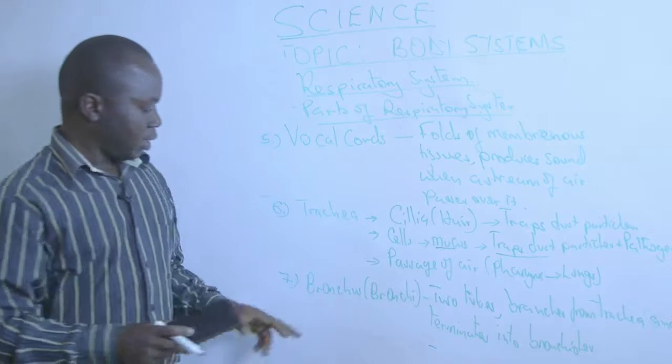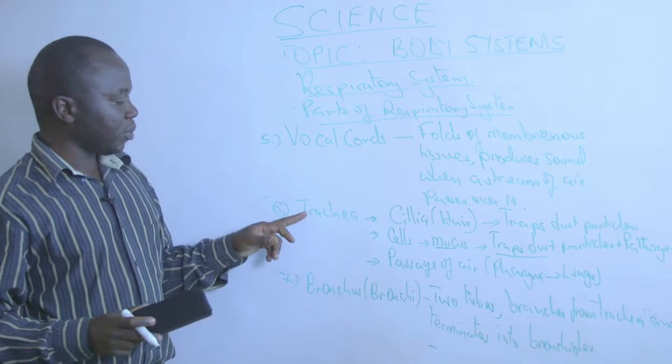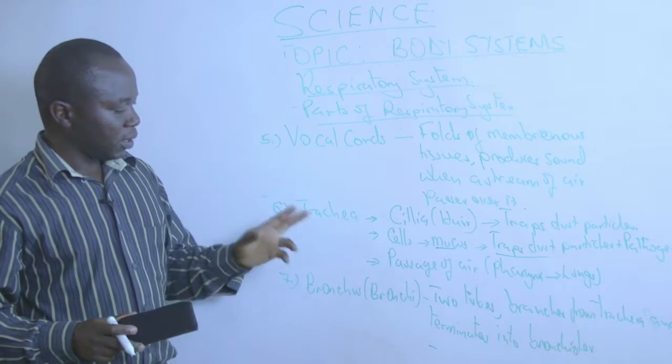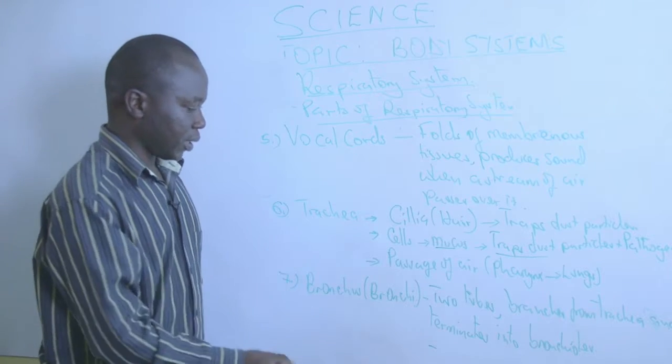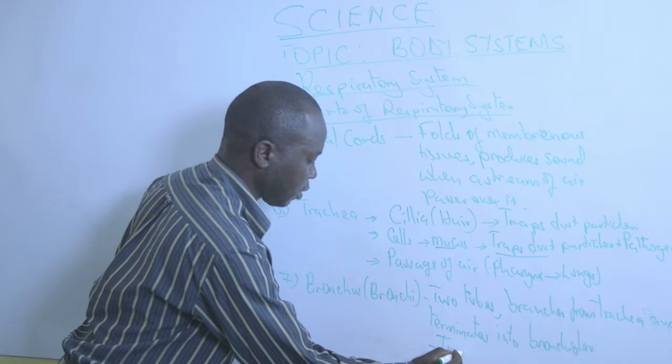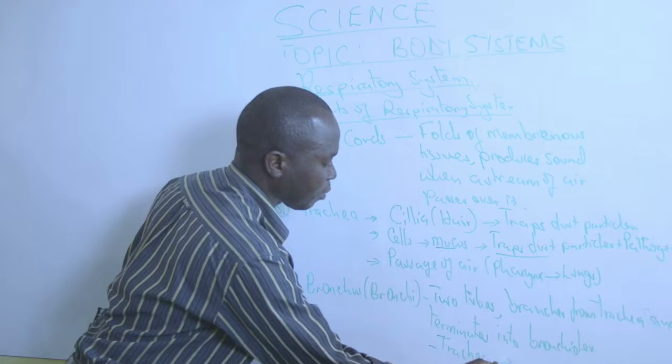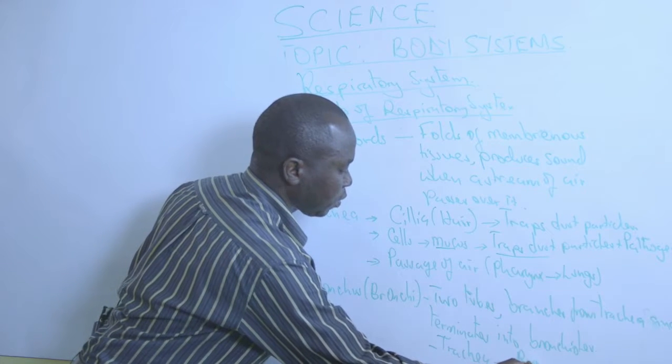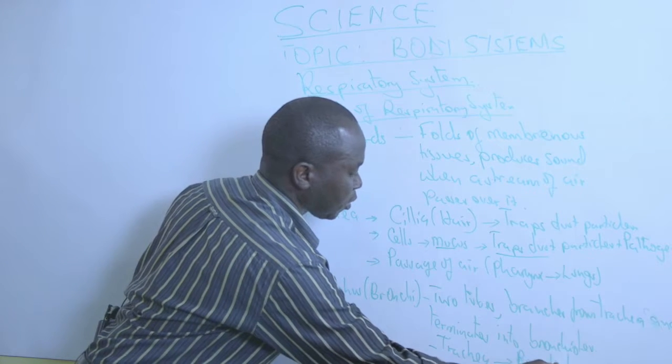What is the role? The role of the bronchus simply is to allow movement of air from the trachea into the bronchioles.